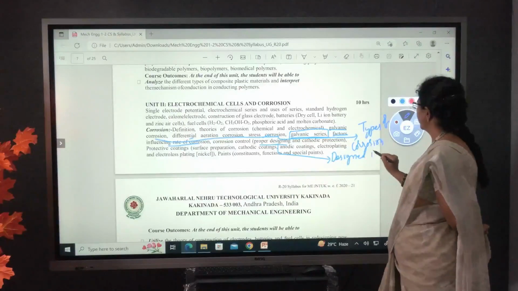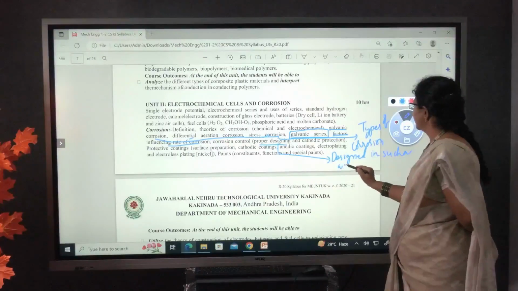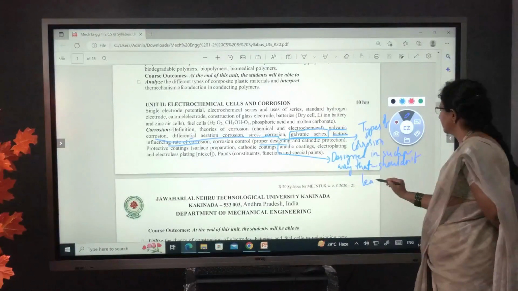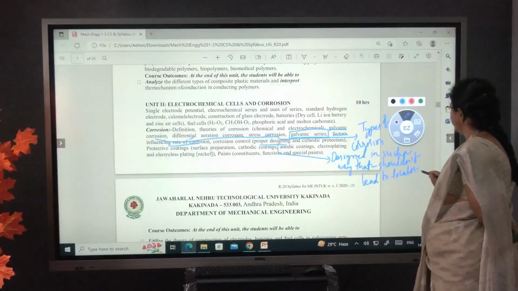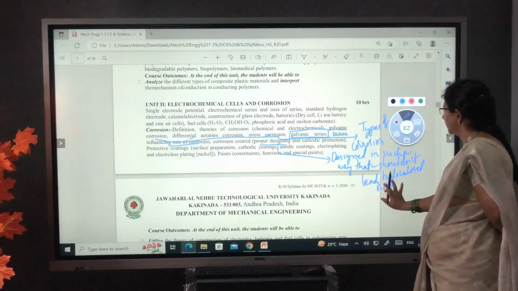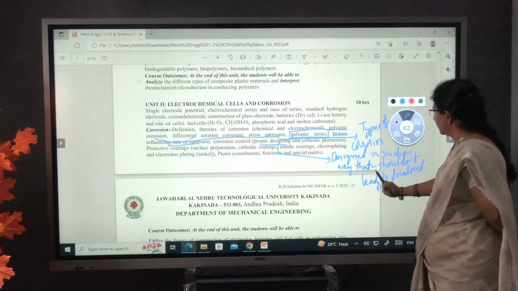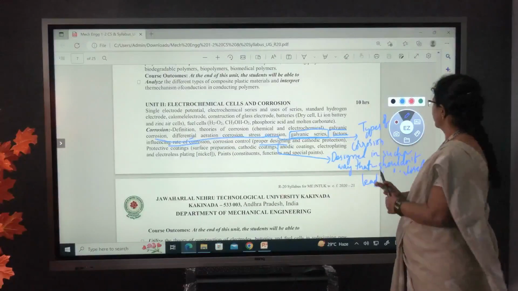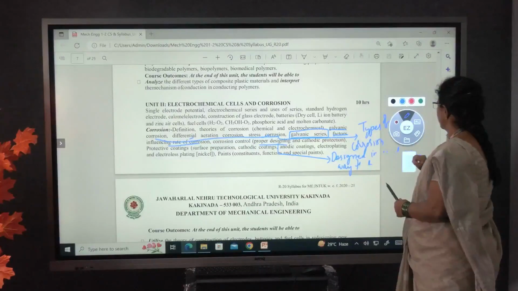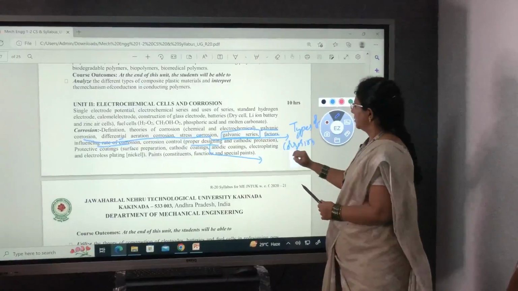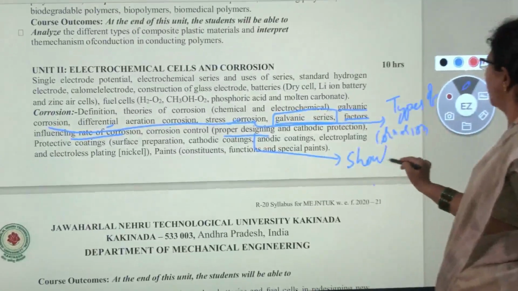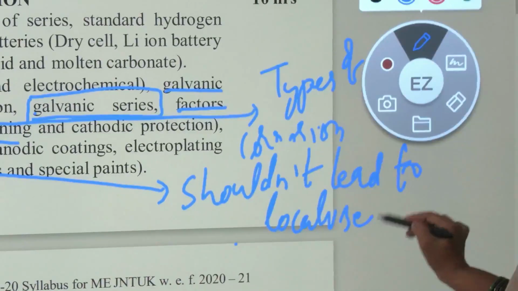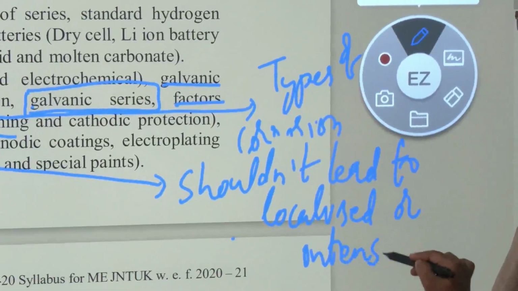So in such a way we will be designing the material.